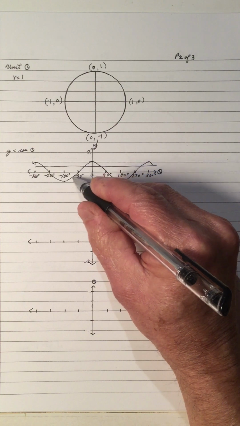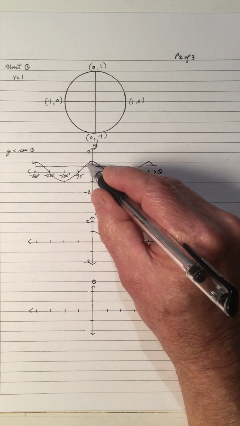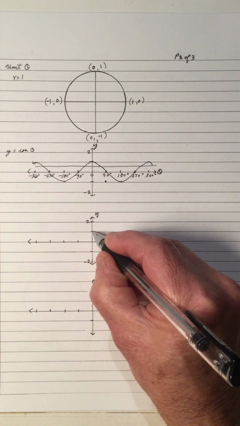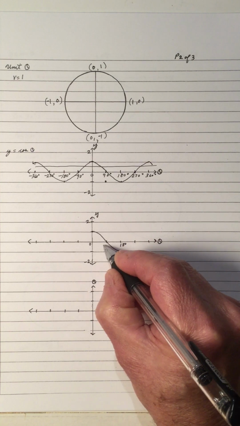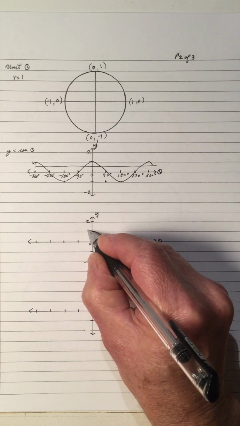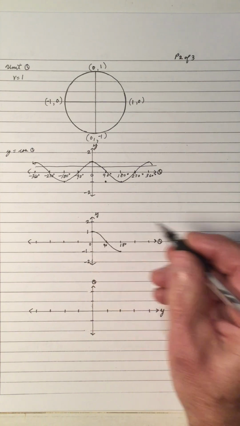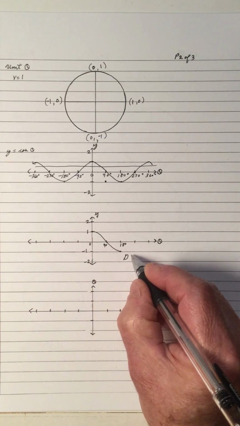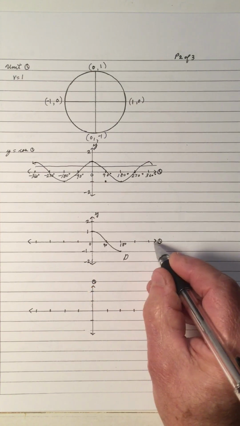So you could restrict it here, you could restrict it here, but the books and the calculators all go from x is 0 to x is 180. And this is 90, and this is 1, and this is negative 1. So that's the restriction.